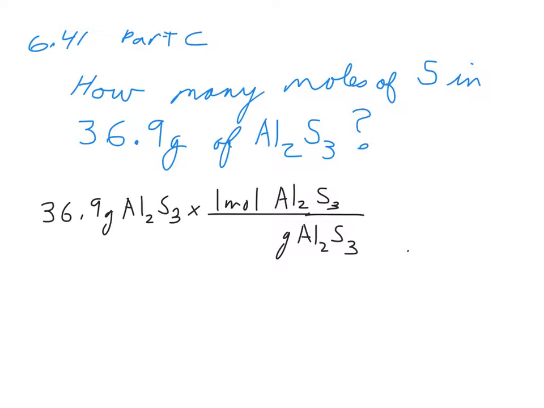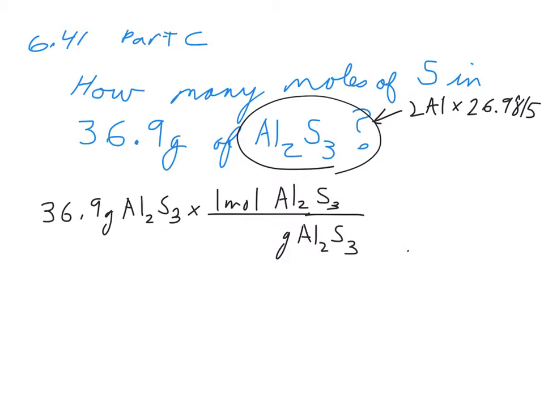So I need to figure out the molar mass of aluminum sulfide. So I go to my periodic table. I have 2 moles of aluminum, each at a mass of 26.985 grams, and 3 moles of sulfur at a mass of 32.065 grams.